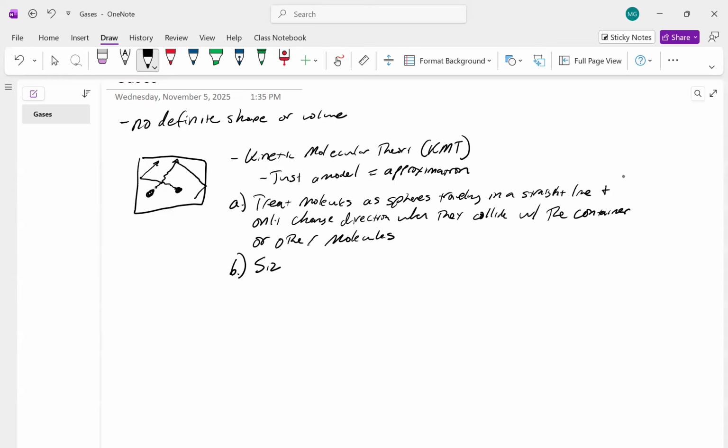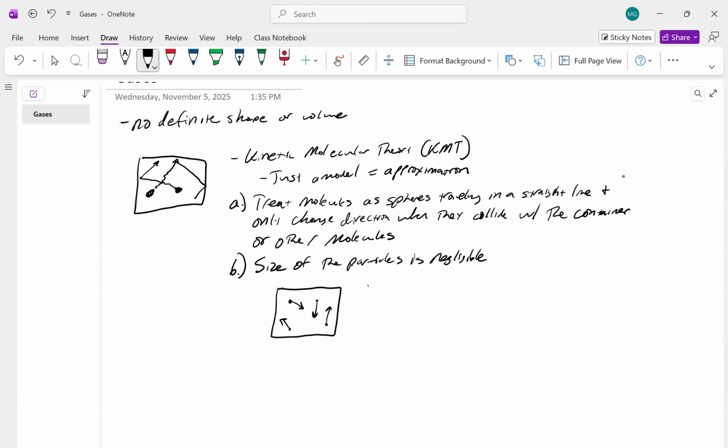Secondly, the size of the particles or molecules of a gas is negligible. And what I mean by that is if we have a container of gas and we have these small little gas particles in there and they're moving around, most of that container is just empty space.